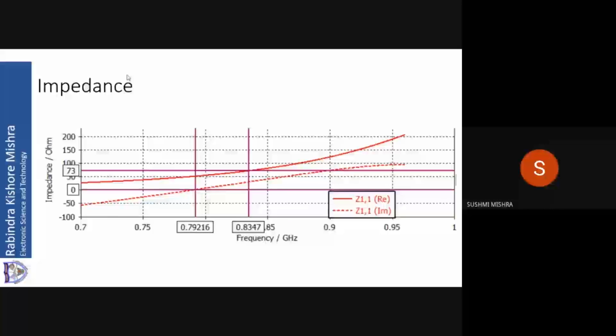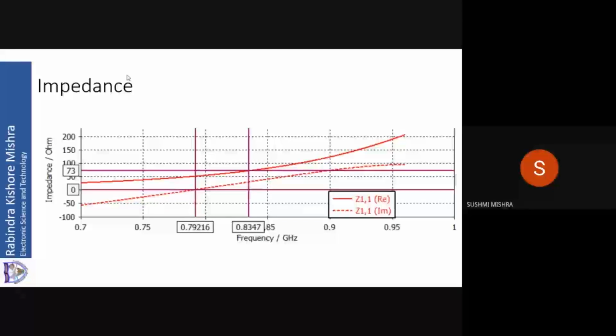So there is a difference of 19.30 millimeter in the length. If I reduce my length by 19.30 millimeter, then I will get this value.